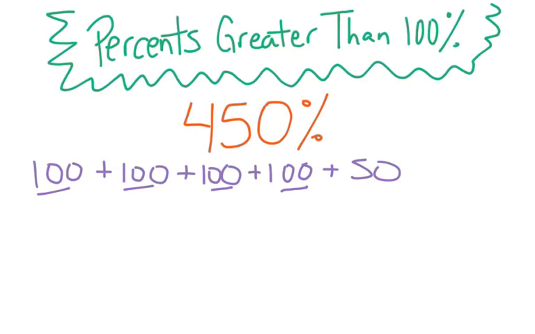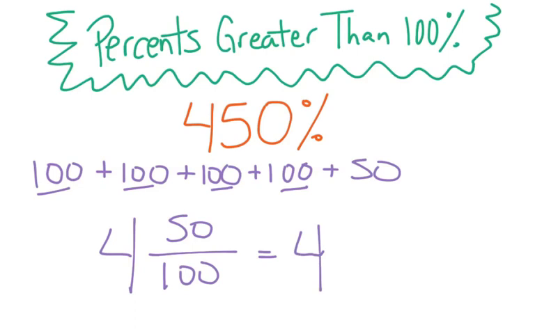So in my mixed number, I would have 4 wholes, and then I'm going to have 50 out of 100 left over. So it's not quite simplified yet. I know that 50 is half of 100. So this would ultimately simplify down to 4 and a half. So if you have a percent that is greater than 100, every full 100% that you can get out of it is going to count as one whole number in your mixed number. And then whatever's left over is the fraction portion.